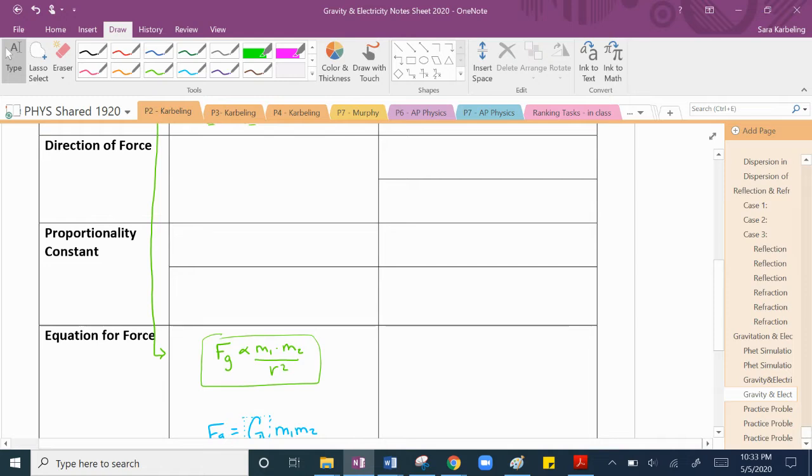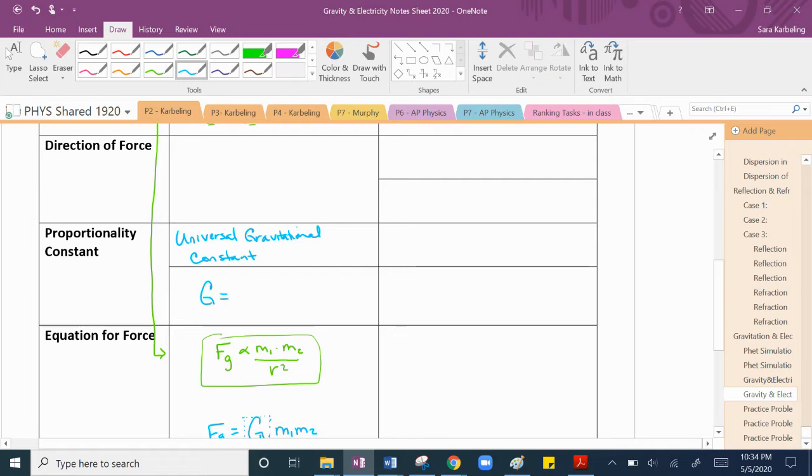And that proportionality constant is called, wait for it, pretty exciting name here, the universal gravitational constant. That's a pretty big deal. And to be very, very clear, big G is not the same as little g.